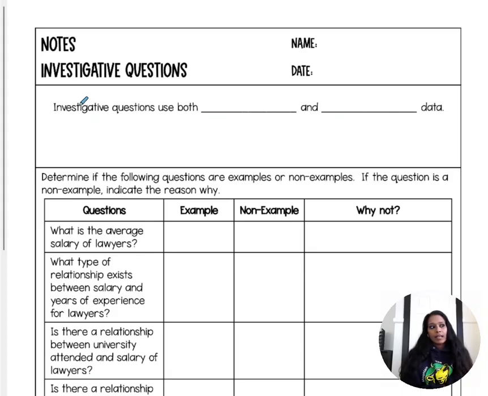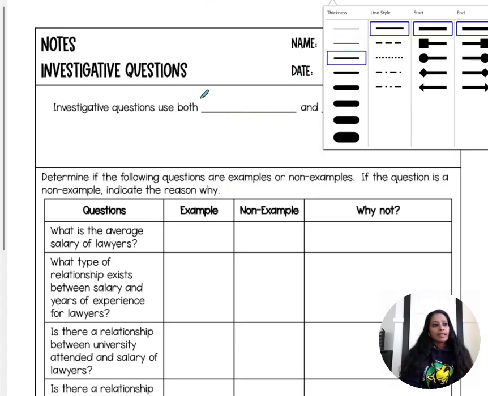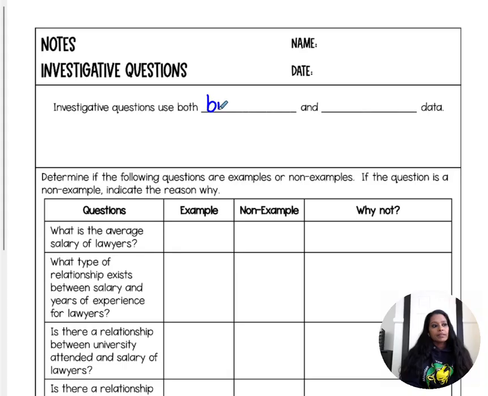But you remember that the information that goes on a scatter plot has to be very specific. The questions that we ask have to be so that it has to be a bivariate.